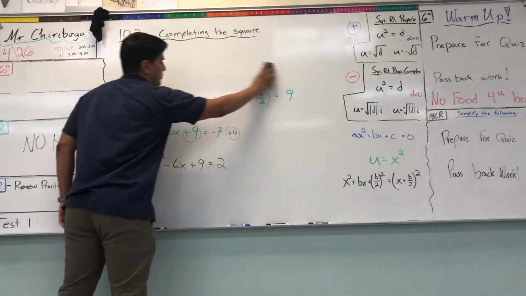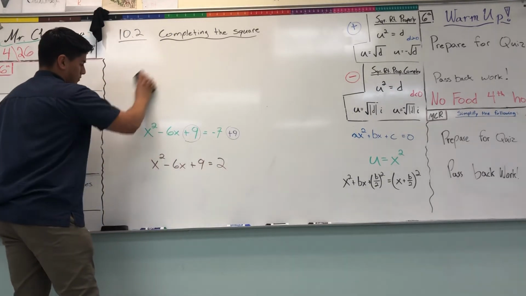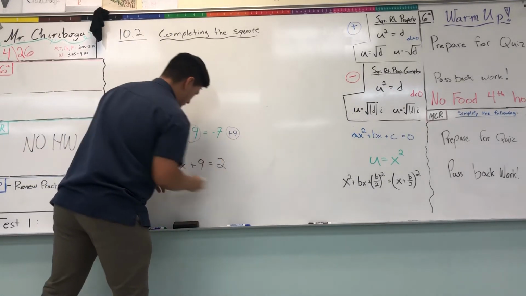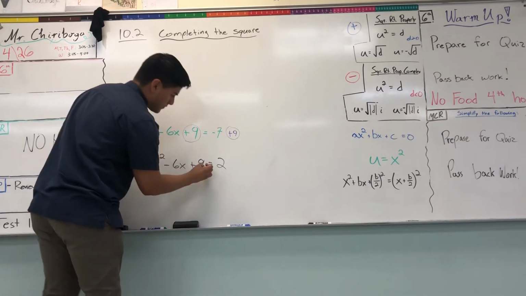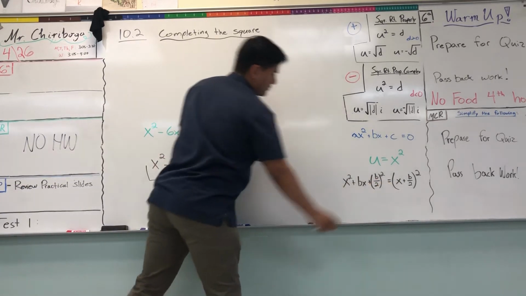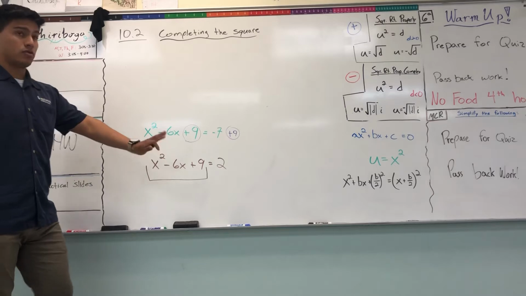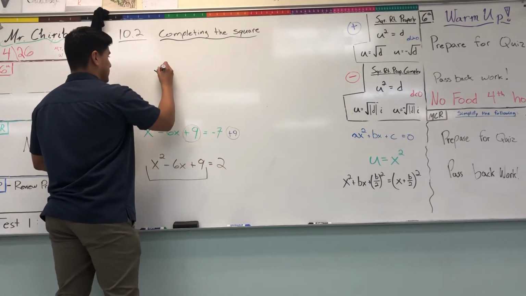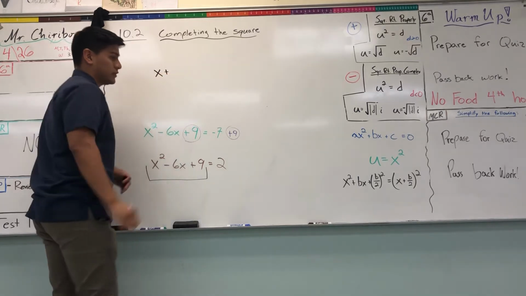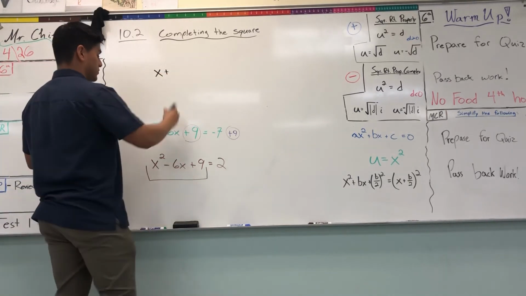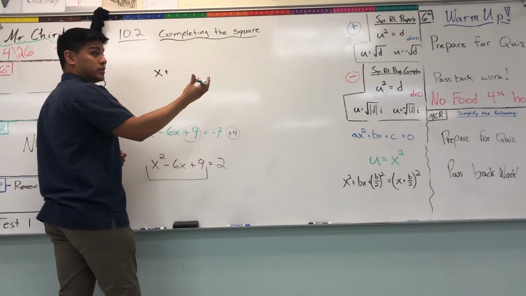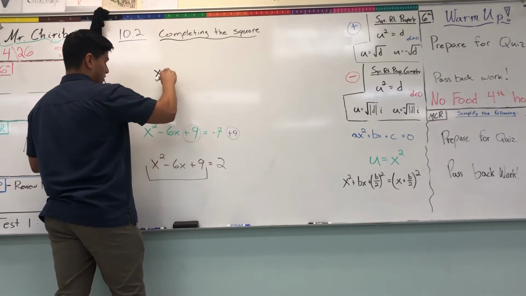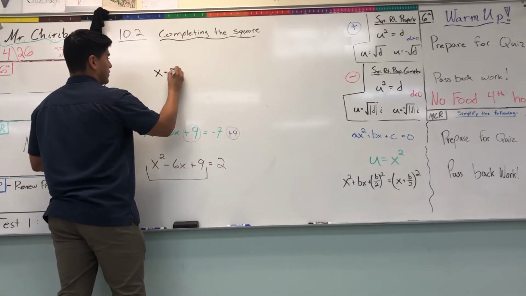I'm erasing the top. So we change now this side to make it look like this, right? We completed the square, so we don't even have to check it. We just write x plus b over 2. What's b over 2? Negative 6 over 2, which is negative 3.